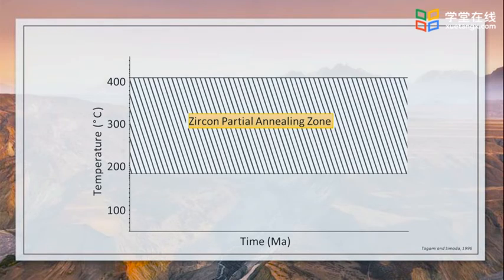Annealing experiments, as well as application of the models to geological timescales, give a temperature range of 230 to 330 degrees centigrade for the zircon partial annealing zone, with a range of 240 plus minus 30 degrees centigrade applicable for most natural zircon. This figure here shows the proposed temperature range of partial annealing zone of zircon.